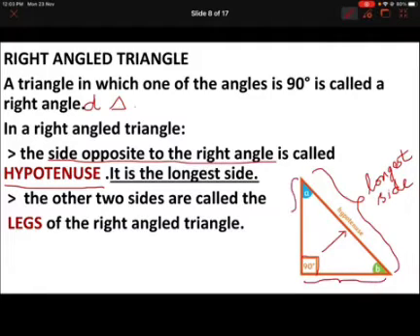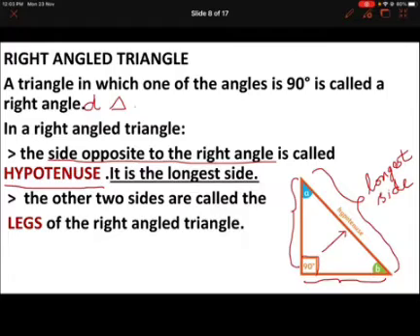The remaining two sides, this side and this side, are called legs, because this triangle stands on either this leg, or if you turn the triangle, it can stand on this leg. Remember, these two are called altitudes. Now this is called an altitude. If you turn the triangle, this also becomes the altitude.